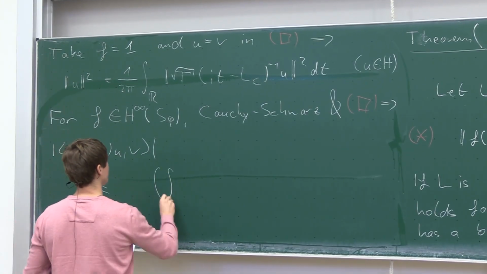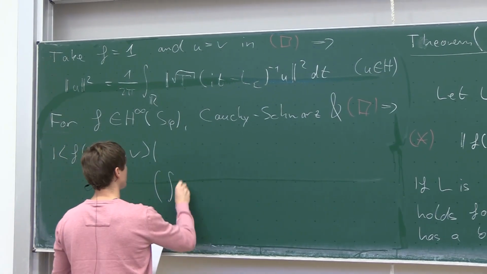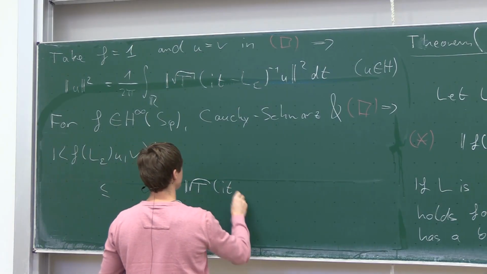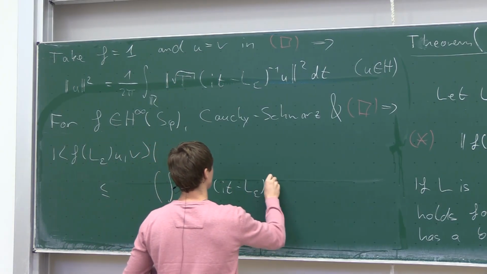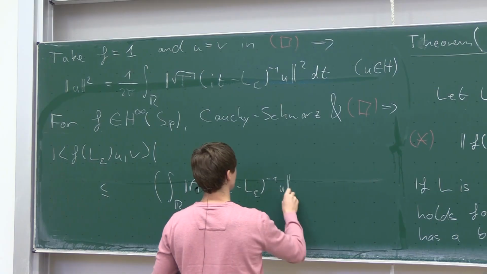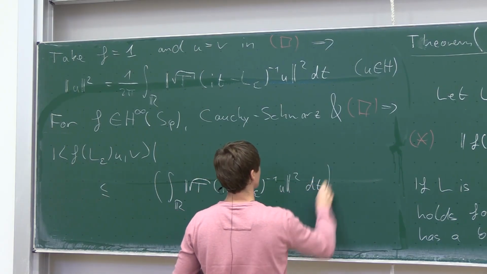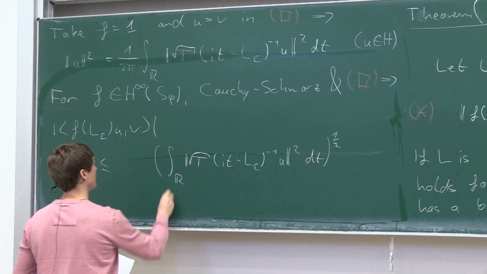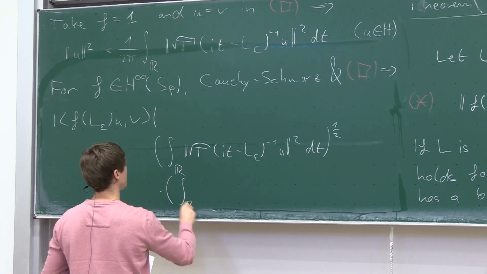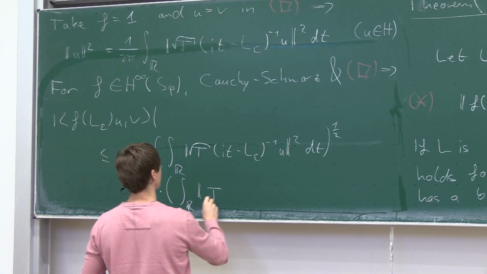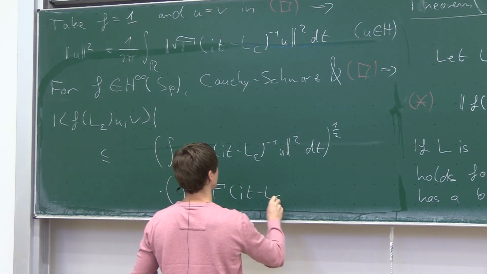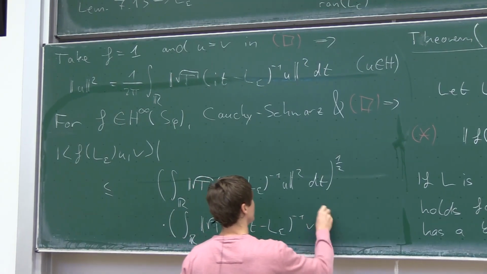So we get something like an integral over R, and we take the norm of the square root of t times the resolvent at it minus L epsilon u squared dt, times an integral over R, and we take again the norm of the square root of t times it minus L epsilon inverse v squared dt.